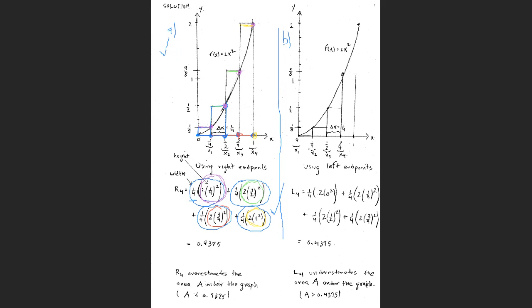Lynn says, is there a reason we would write it out like this instead of just writing 1/4 times 9/8? That's a good question, Lynn. There is a reason we're doing this. So this here is f of a half.